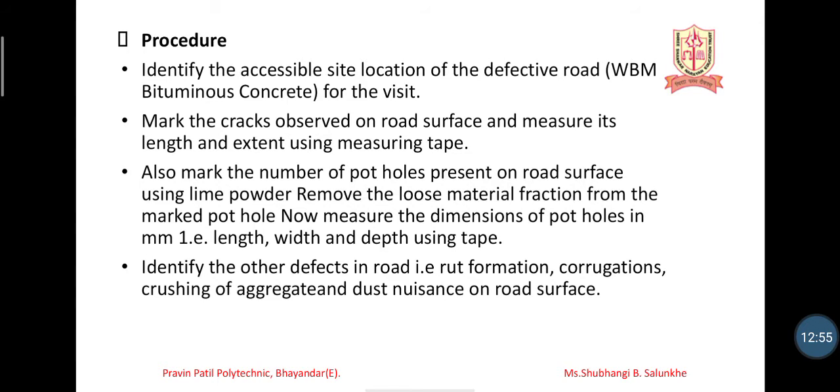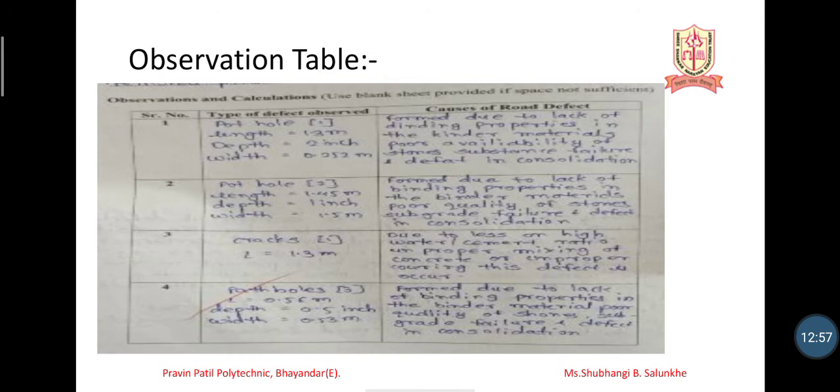So let's see further. This is your observation table. As you can see in the observation table, after visiting the road, you have to write the type of defects you observe and the causes of the road defects. The first is a pothole. In the pothole, we have measured the length, depth and width, and we have written the measurements. Then we find the crack also, so we have written the length of the crack.